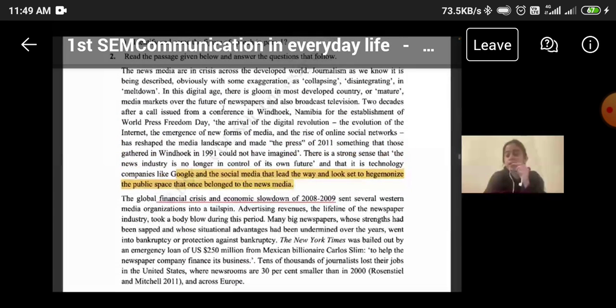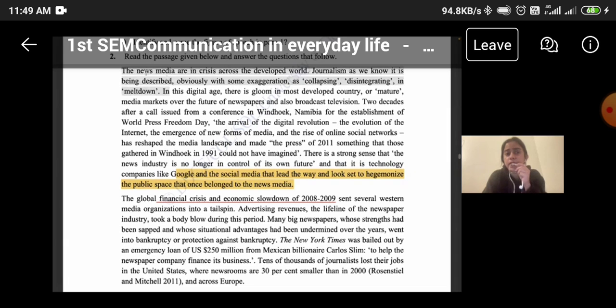Any paragraph has minor supporting sentences, also known as supporting sentences, and the major idea, the major sentence, which is the central idea.